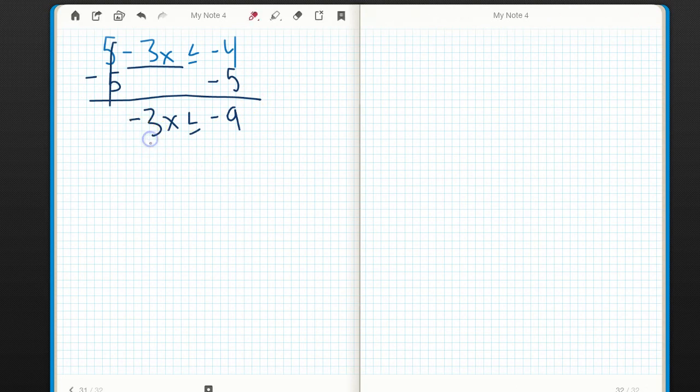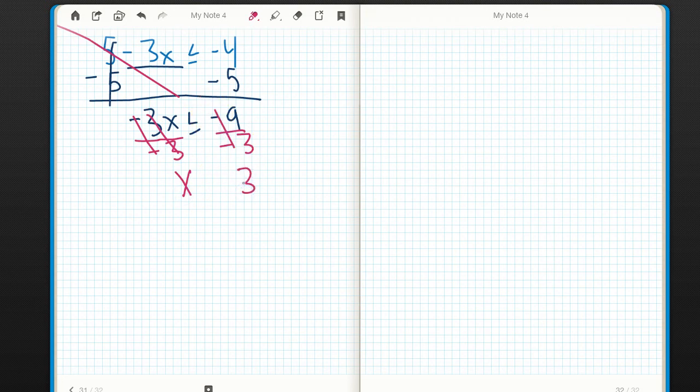So we divide everything by negative 3. Now this is where it gets, as other kids say, tricky. Negatives cancel out, so this is going to be a 3.